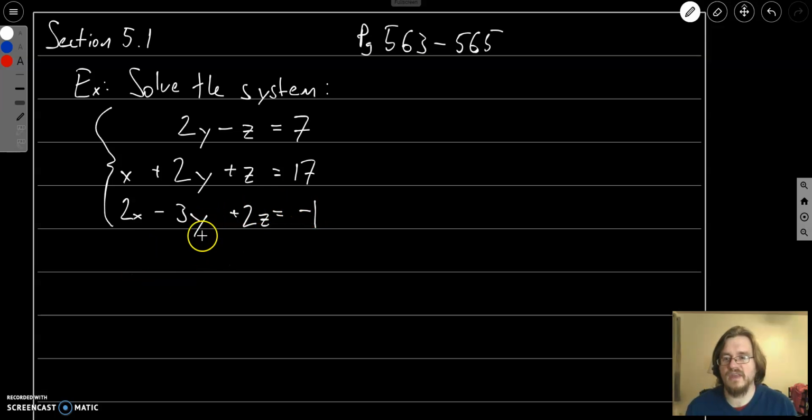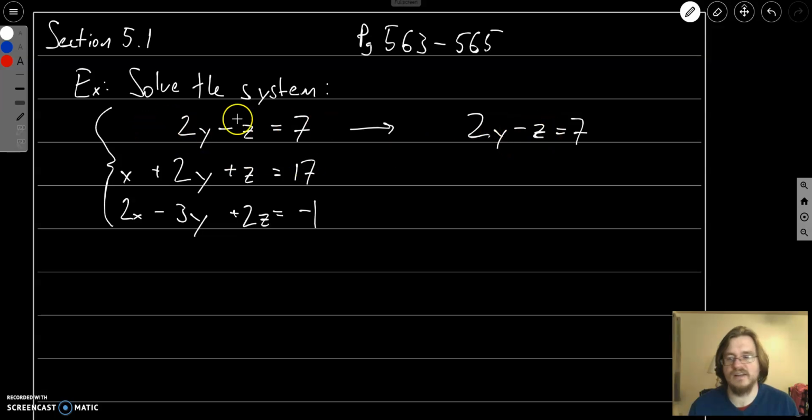So again, to solve a system of three equations with three unknowns, we want to reduce it to a problem that we can solve, or at least a lot easier. Let's say a system of two equations with two unknowns. So this first equation is already an equation with two unknowns in it. It only has a y and a z.